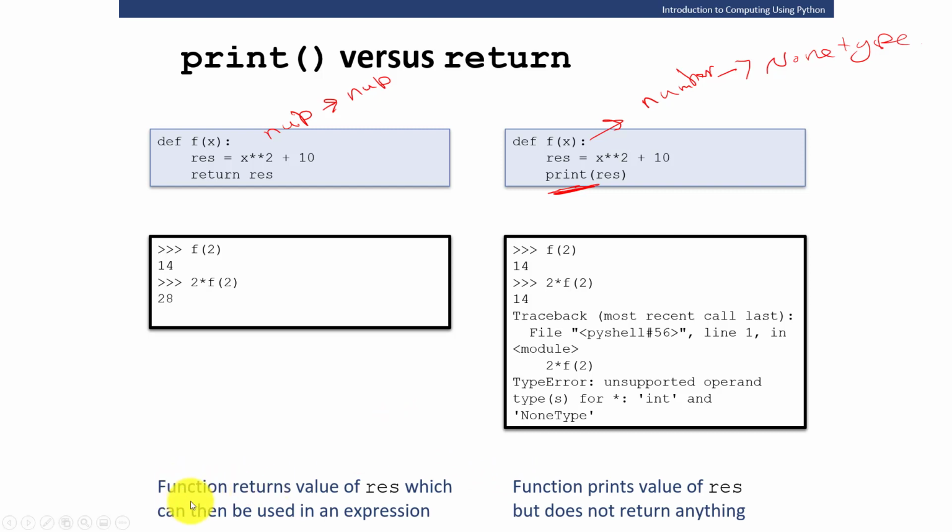So the function f of x here returns the value of result, which can be used in an expression. The function f on the right side prints the value of result, but does not return anything, and I cannot use it in any expression.